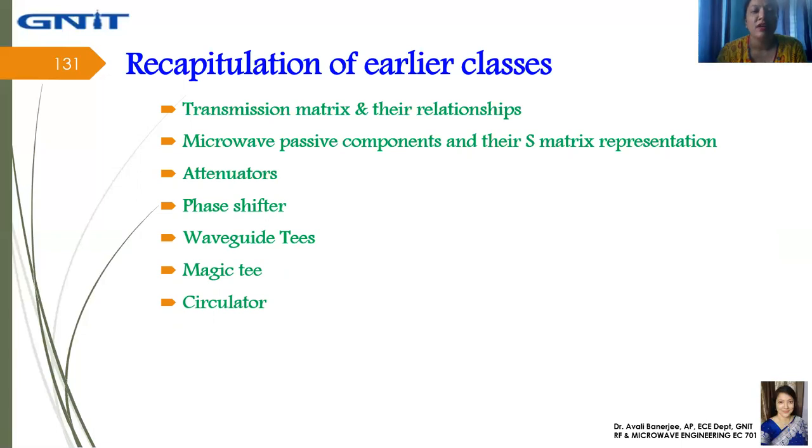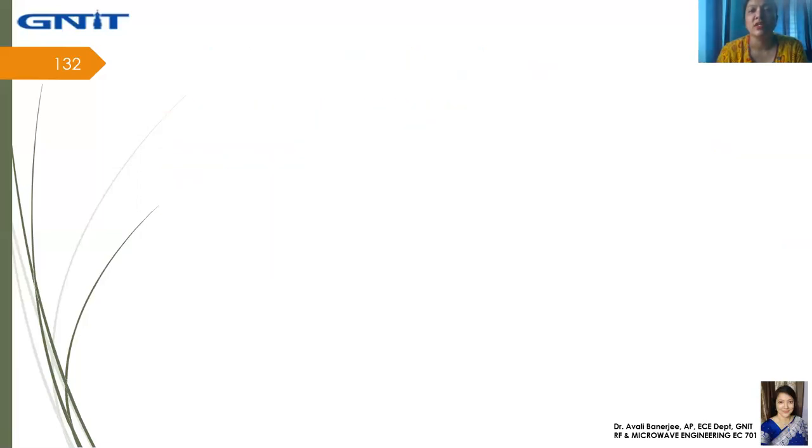There we have studied the different types of circulators: 3-port circulator, 4-port circulator, and microstrip circulator. Now in this lecture we are going to study isolator and directional coupler.